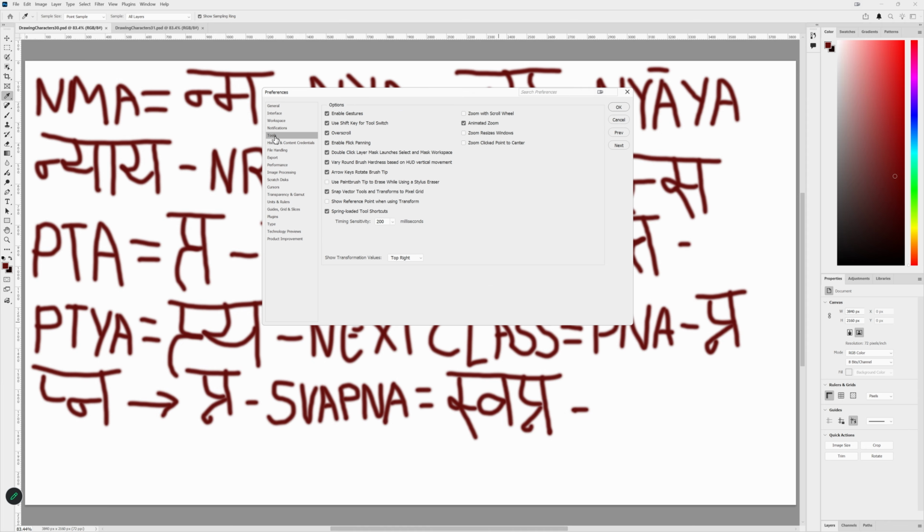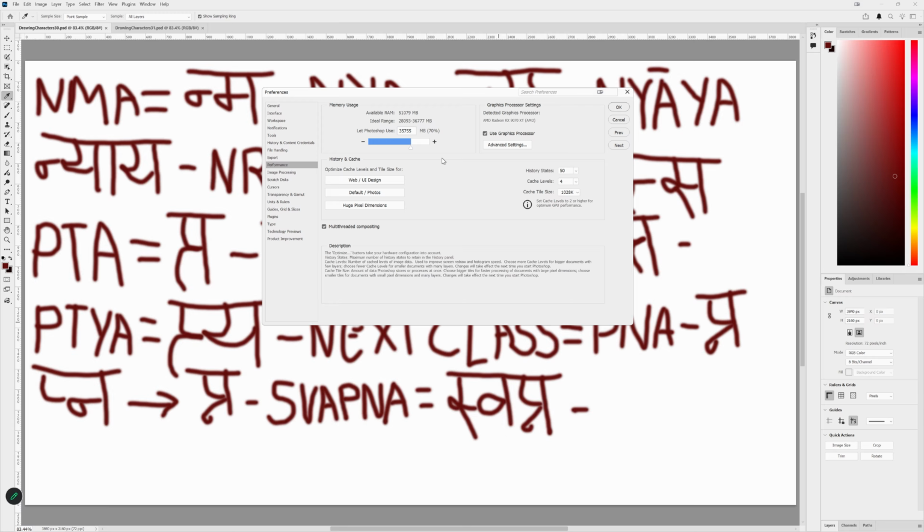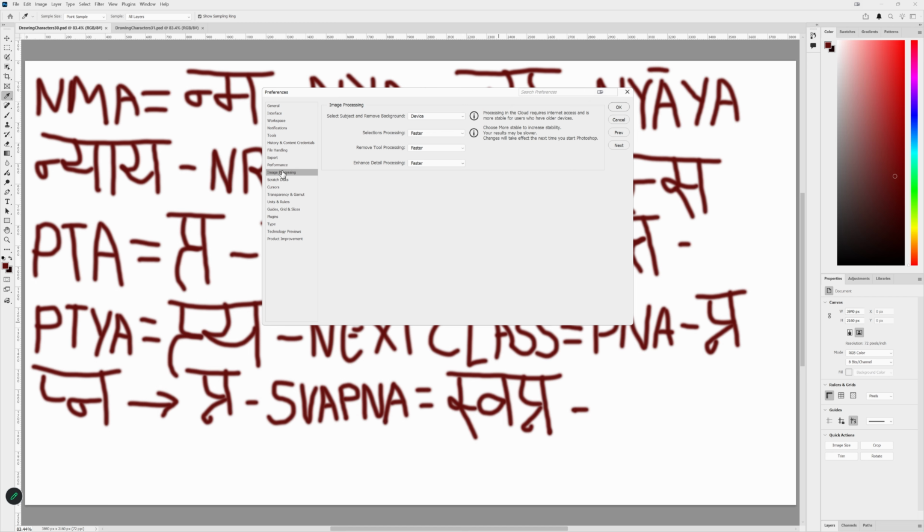Interface. Tools. Maybe performance. Use graphical processor. I have a Radeon 9070 XT because I'm a gamer, so I have a good video card. Maybe this is making the screen flickering. 30B display, no, I don't have. Image processing, faster, more stable.